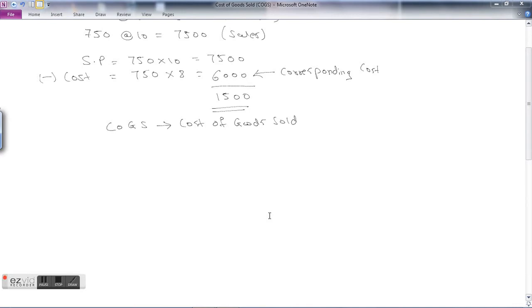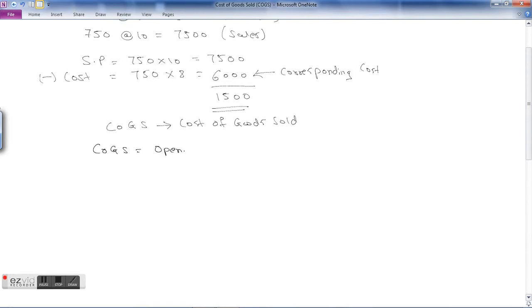So what we do is we calculate the total cost of goods sold, and then we reduce it from the selling price to get profit or loss. So let us understand the formula for cost of goods sold. Cost of goods sold is equal to opening stock.